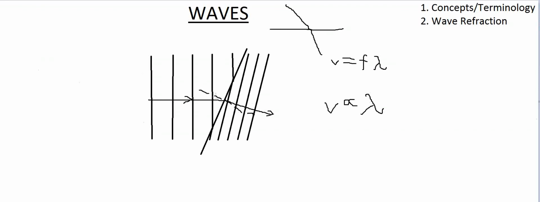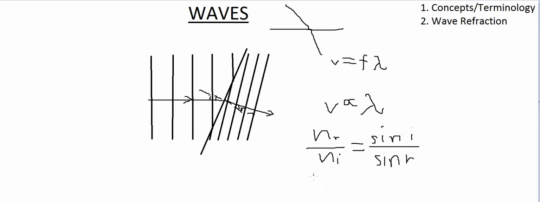This is I, this is R. Then just use Snell's law: n_R over n_I equals sine I over sine R, or you can multiply both sides and you get this.